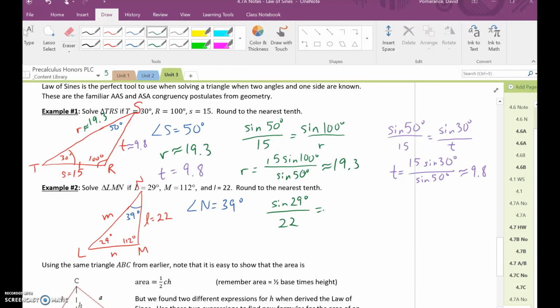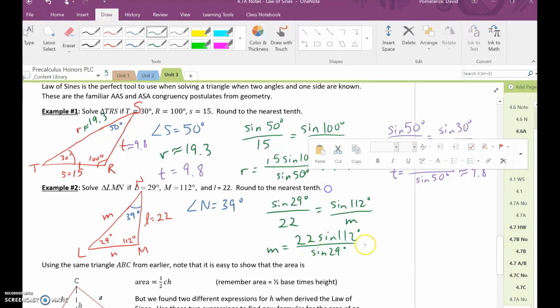And if we want to solve for, I don't know, we'll start with M. Then angle M is 112 degrees. And side M is what we don't know. So multiply both sides by M, multiply both sides by 22, and divide both sides by sine of 29 degrees.